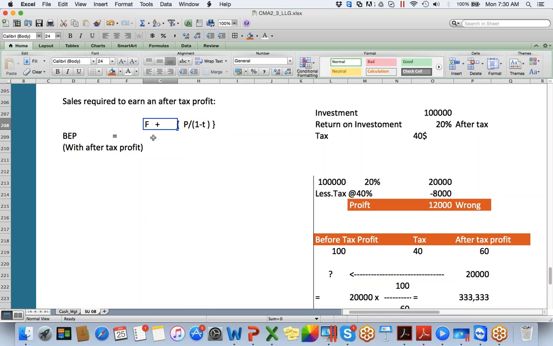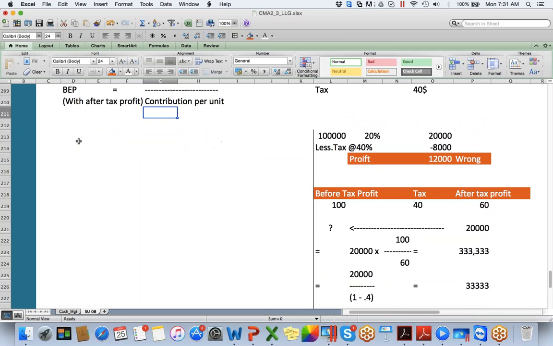Then add it to fixed cost, divided by contribution margin per unit. Yeah, this will give you the after tax profit.